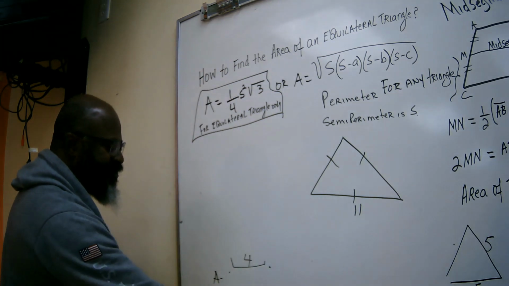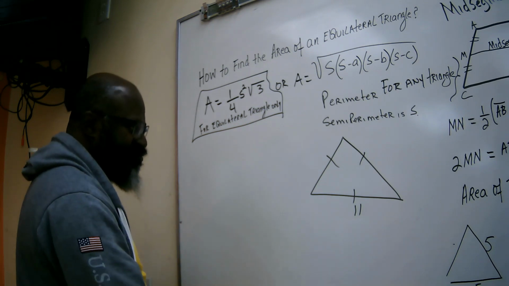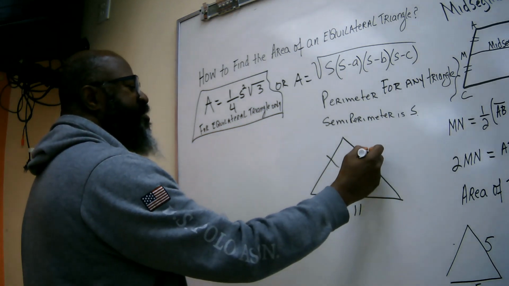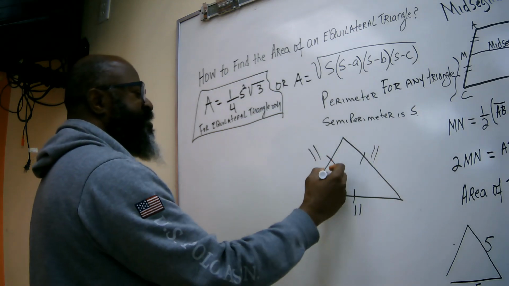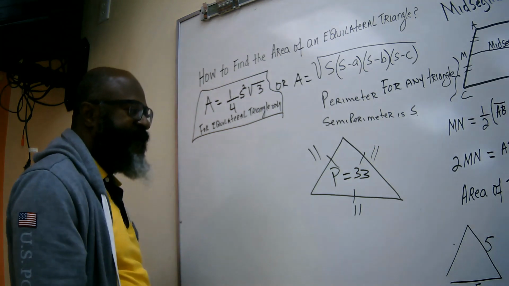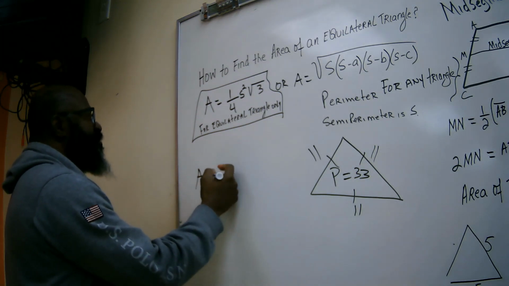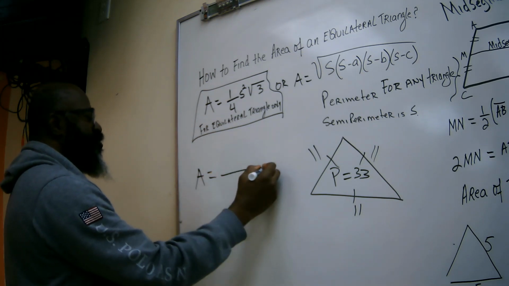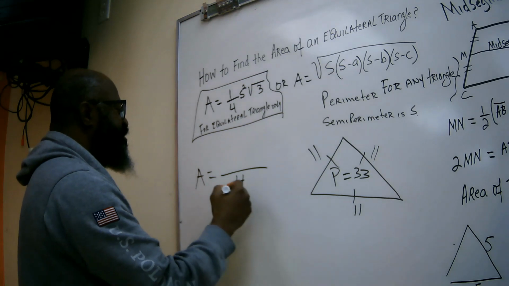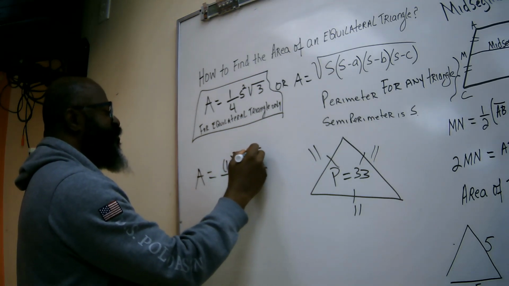Second problem, you have an equilateral triangle where the sides are 11. Since it's equilateral, all of them will be 11. So the perimeter in this case will be 33. If I want to find the area by using this formula, I will put over 4. 1/4 is to divide by 4, and I'm going to take this side, which is 11, then square it and times root of 3.